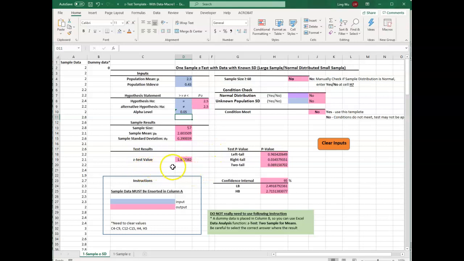Once we fill in these values, we immediately get our test results. The test value here is 1.817. And because this is not equal, we have a two-tailed p-value.